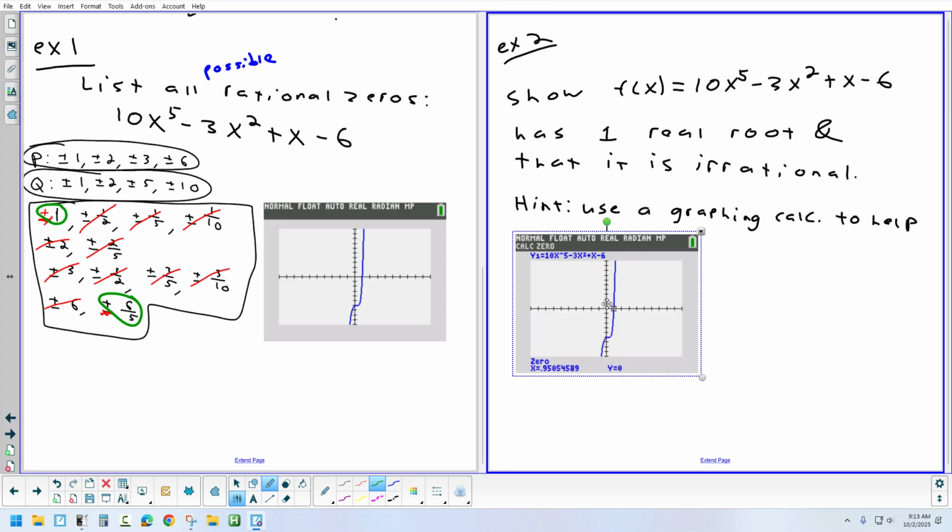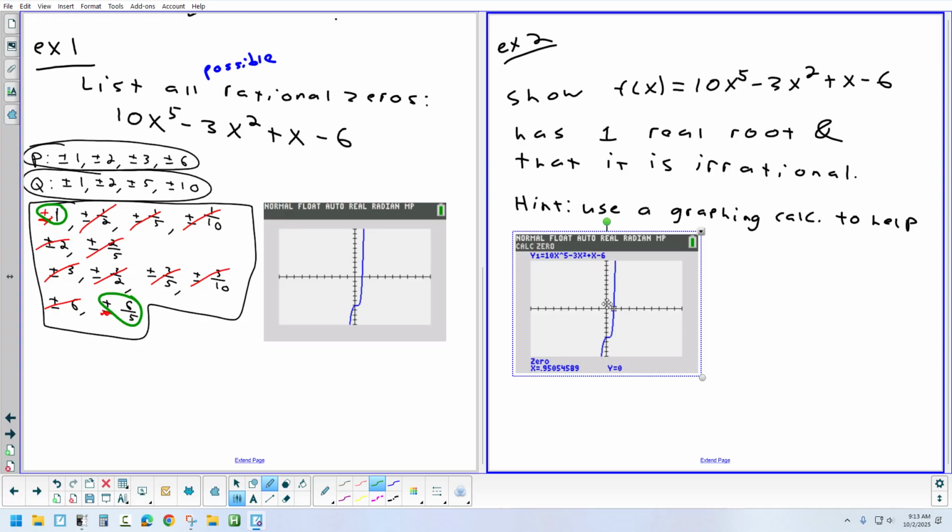Why do I know that where it crosses has to be irrational? Yeah, it's not on our list of fractions, and it can't be made into a fraction.